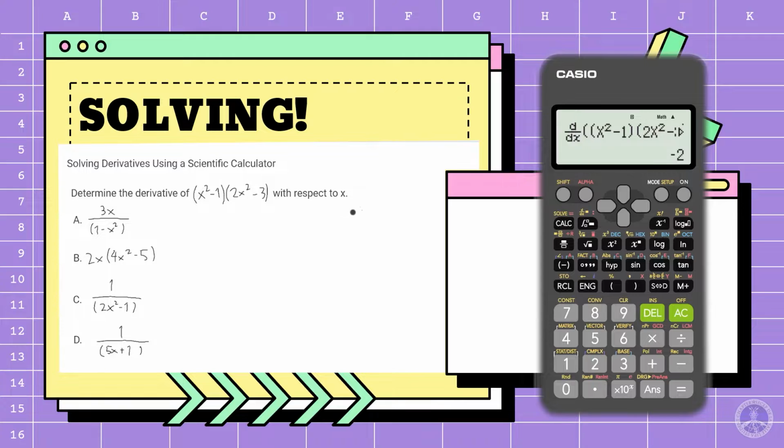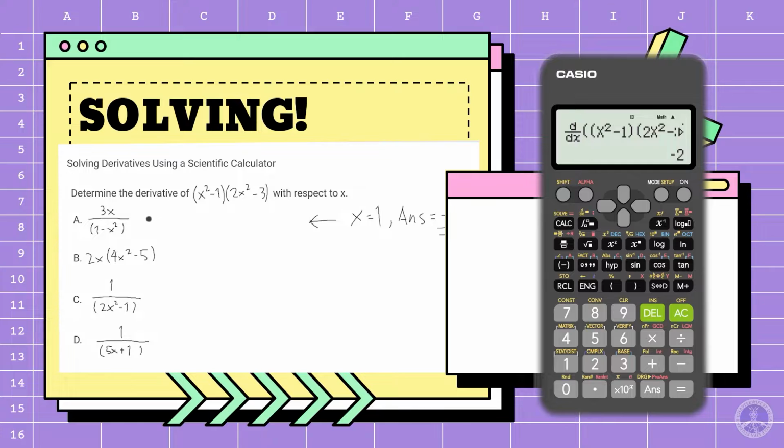So if x is equal to 1, then the answer should be equal to negative 2. So now that we know this, we will substitute the value of x to all of the choices and see if the result is negative 2.